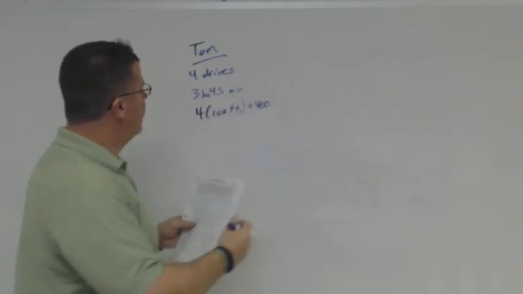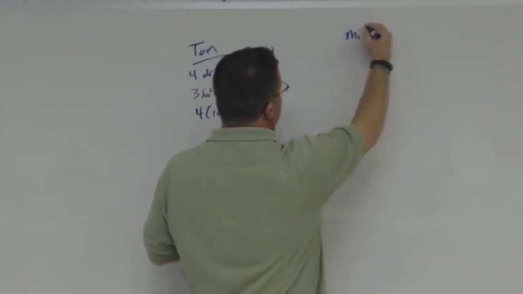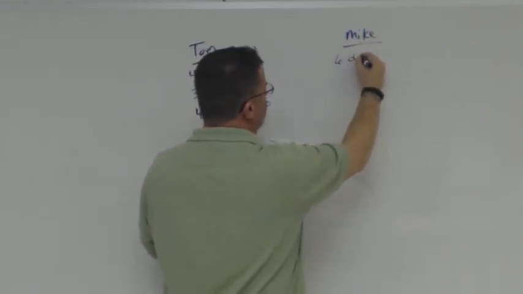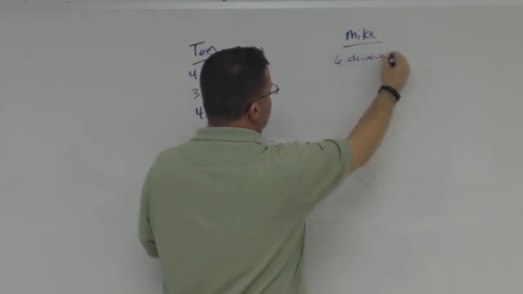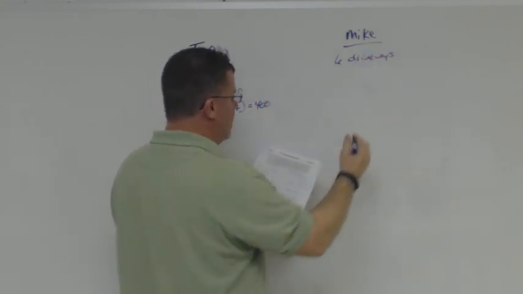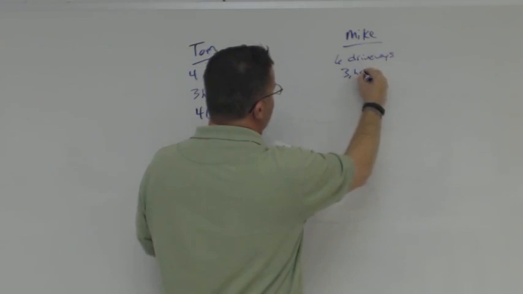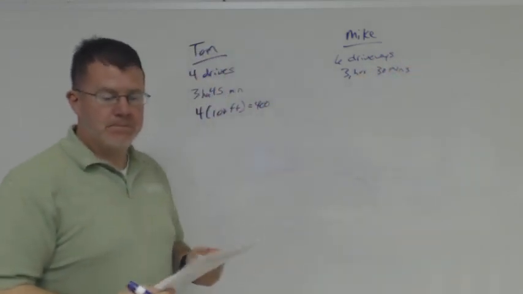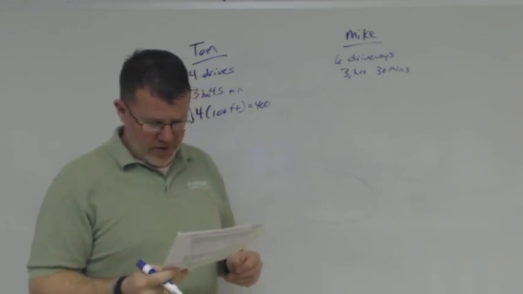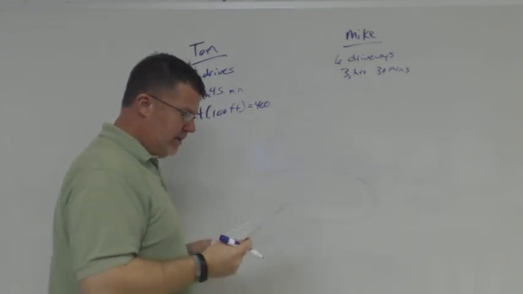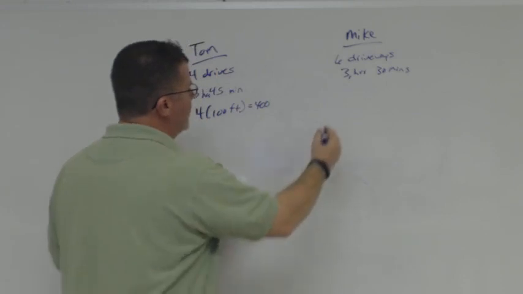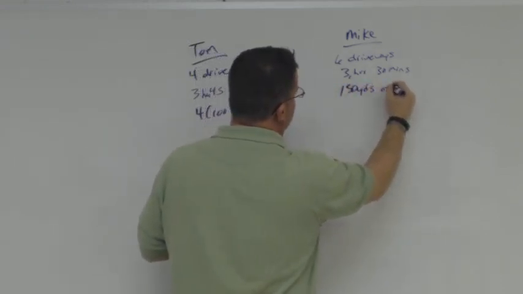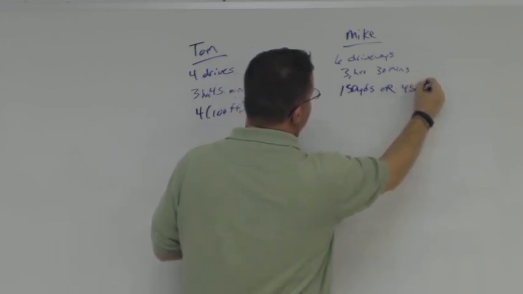So, Mike, on the other hand, did 6 driveways. He did 2 more driveways. He did it in 3 hours, 30 minutes. And he did 150 yards, or 450 feet.